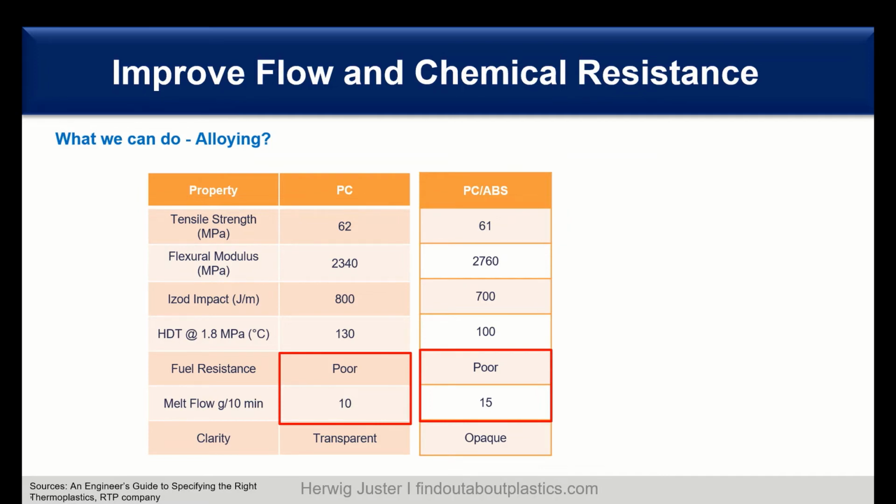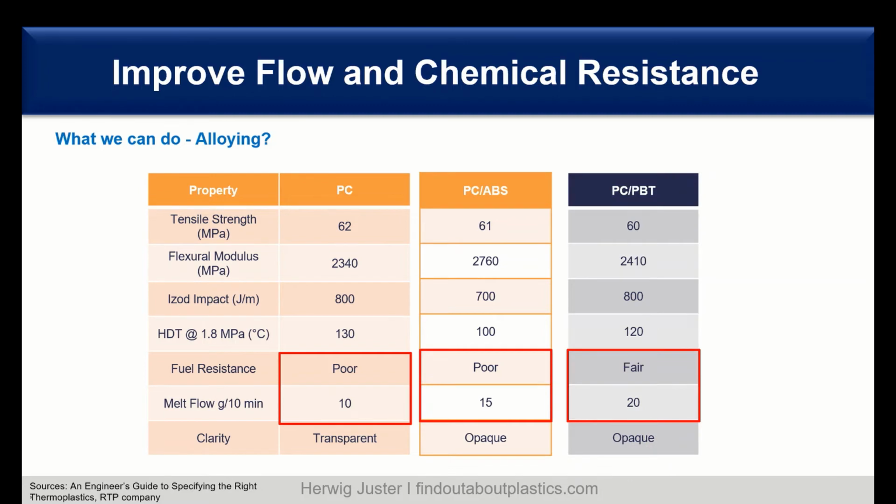So what we can do is exchange the ABS with a PBT, and with that we can increase the fuel resistance to, I would say, a fair level. So it's not the best, however, it's sufficient to be used, for example, in automotive exterior parts or housings. For example, when you think of lawn mower tractors, you can make the housing of the engine and some parts, because you need this high impact behavior, you need the tight tolerances.